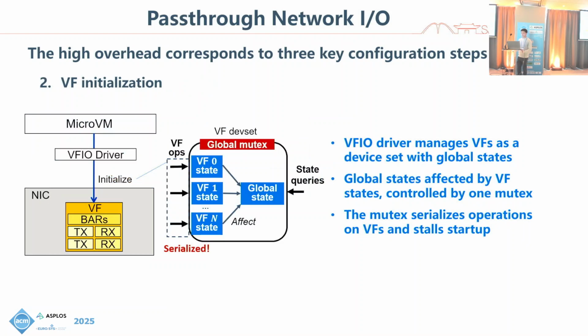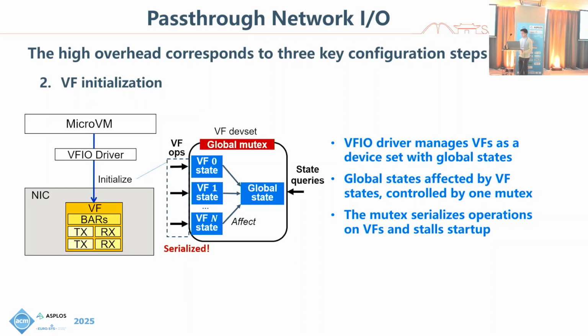The second configuration step is the initialization of the virtual function. At startup, the micro virtual machine will open the virtual function through the VFIO driver on the host. It will retrieve necessary device information and perform corresponding setup. The VFIO driver manages the different virtual functions as a device set with global states. The global states summarize the status of all the virtual functions, and they are used when the host tries to perform operations like bus reset.